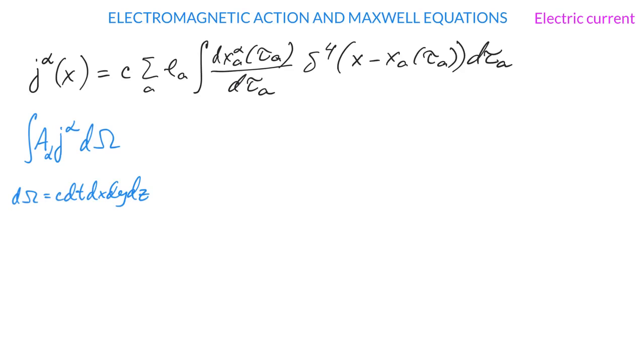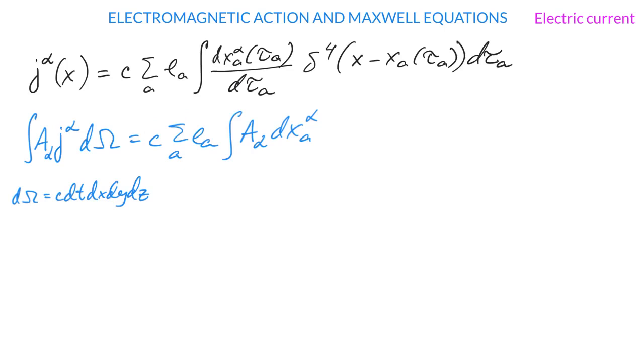So the delta function is gone. What remains then is c sum over a of e_a integral A alpha dx alpha. I canceled the d tau a. This is just multiply and divide by d tau a. So what we get is this expression here.